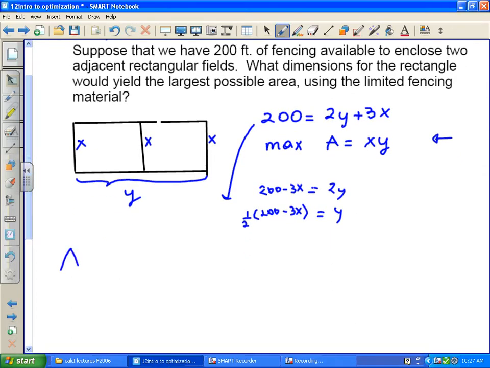So in this case, area equals x times y. But we now know what y is. I'm going to go ahead and distribute this. So 1/2 times 200 is 100, and then minus 3 over 2 x. That's what y is. And since area is x times y, now I'm ready to put the y into that equation.